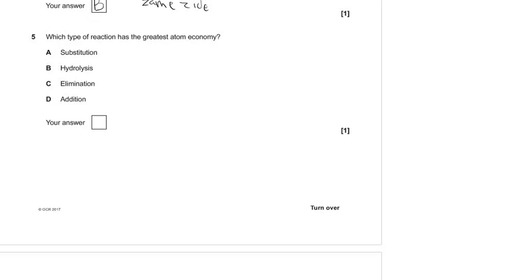Now we should hopefully remember that atom economy is worked out by how the formula mass of the reactants compares to the formula mass of the desired product. So that should tell us that we're looking at D as having the highest atom economy, because in an addition reaction, all of the atoms from the reactants end up in the product.